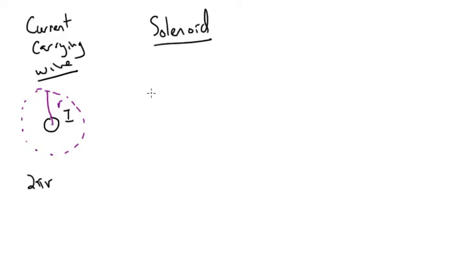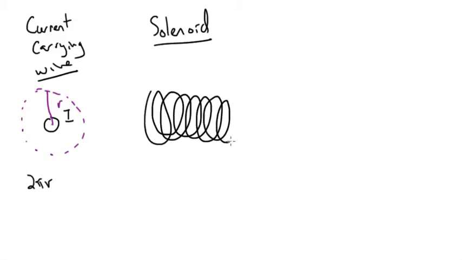So a solenoid is going to be something that has many, many loops, and this carries a current I, and then what we're going to do is choose an Amperian surface as such.